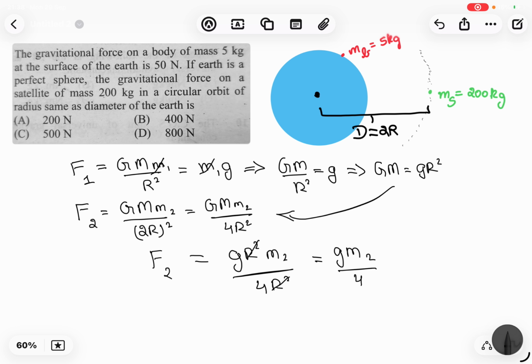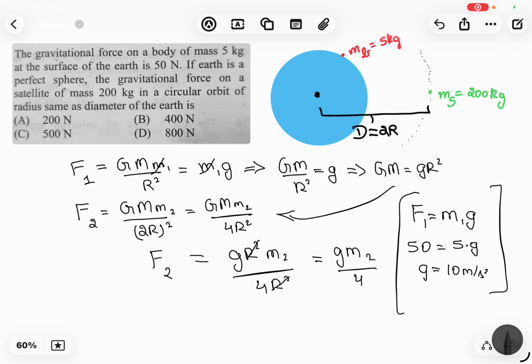We can assume the value of g to be 10 or 9.8 for that matter. We can actually find it out if you need to: we have been given the mass of 5 kg on the surface of the Earth producing a force of 50 newton, so F1 equals m1 g, with F1 being the 50 newton force, the mass being 5 kg, and g turns out to be 10 meter per second squared.